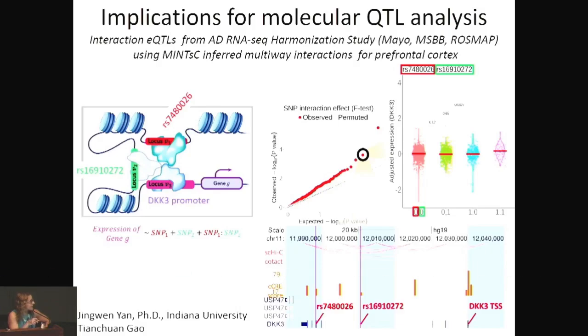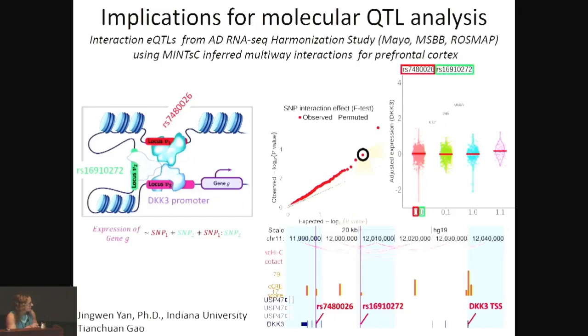And then we took the multi-way interactions that we inferred, and we consider interactions of this type where we have a gene promoter and then two other enhancers or intronic elements. Then we try to explain the variation in the expression of this gene as just an additive model of the SNPs that are in these loci, or with an additional interaction term.